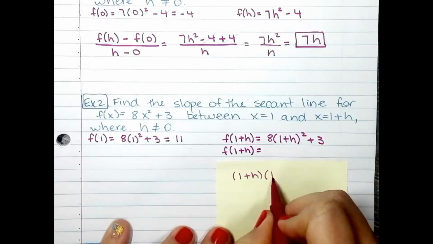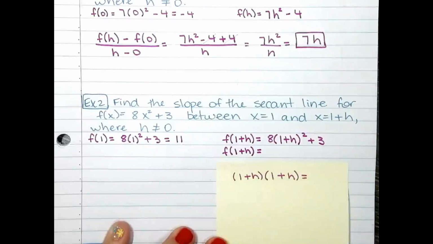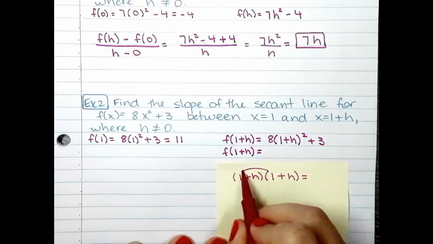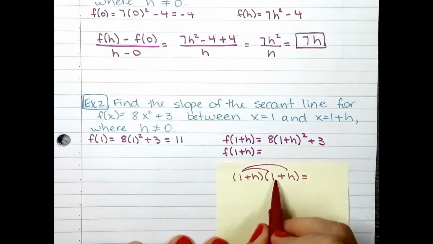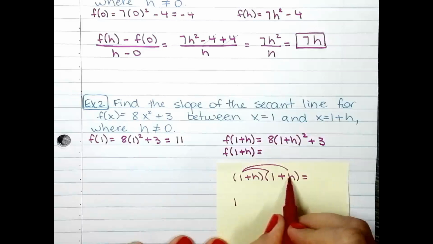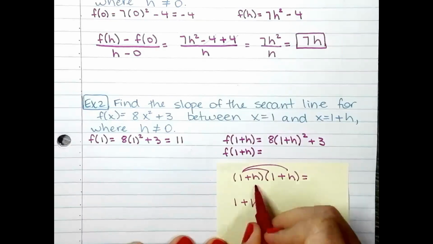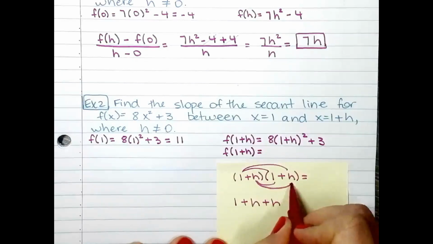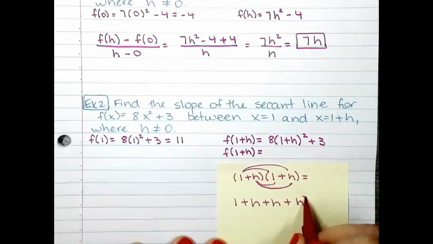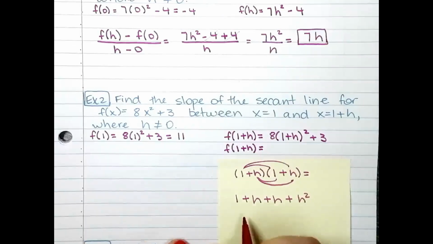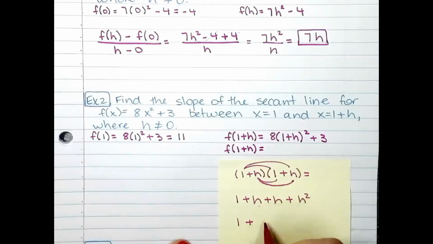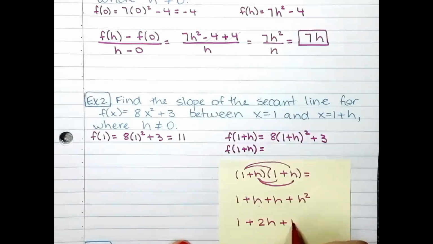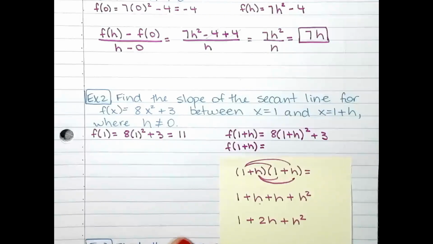So it's 1 plus h times 1 plus h. So you multiply that and that. So 1 times 1 is 1. 1 times h is h, h times 1 is h, h times h is h squared. Combine like terms: 1 plus 2h plus h squared.